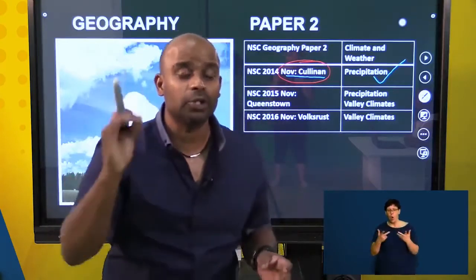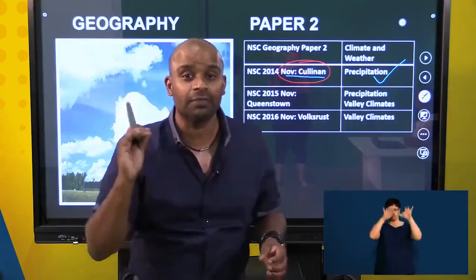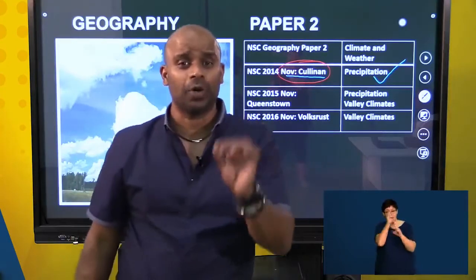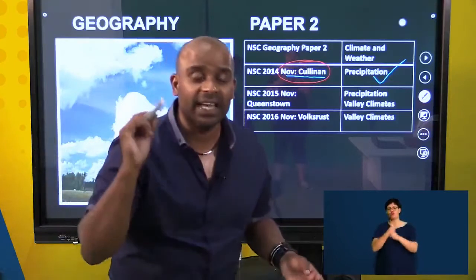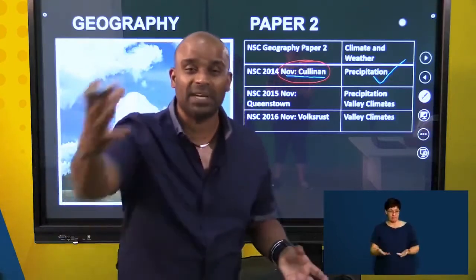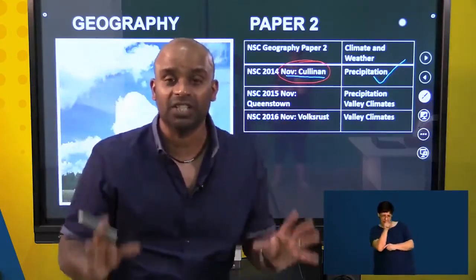If you were able to reference the general information, you would have found a location of Cullinan and then been able to determine if it falls in a high rainfall or seasonal rainfall area, or if we say high rainfall, you can refer to as annual rainfall. But nevertheless, when we're examining precipitation, you've got to look at where in South Africa does that particular location lie.